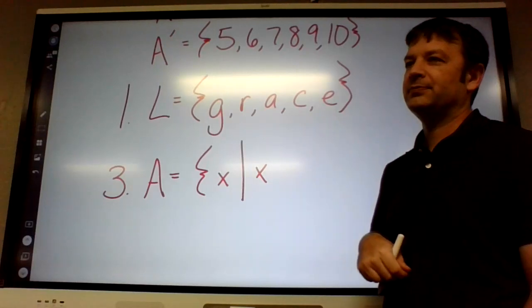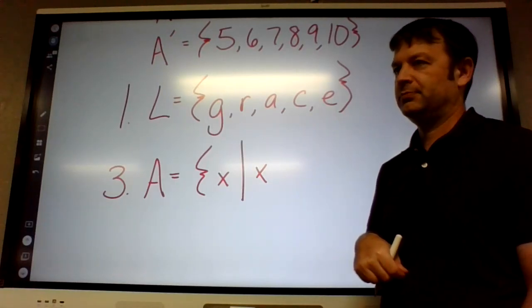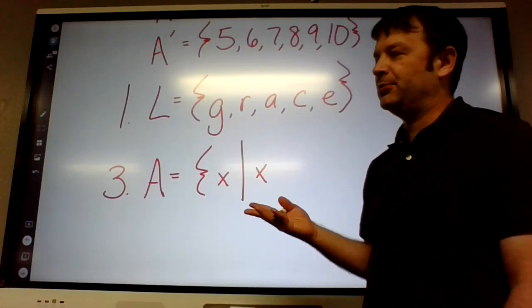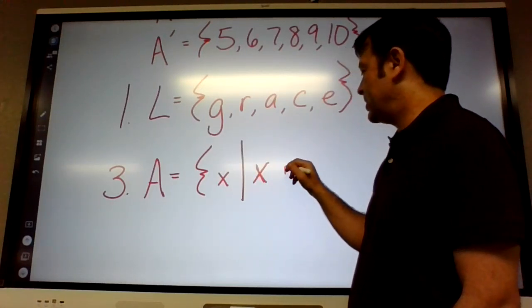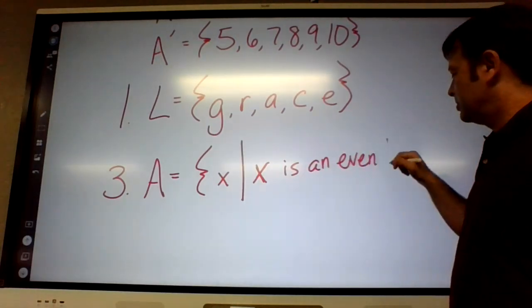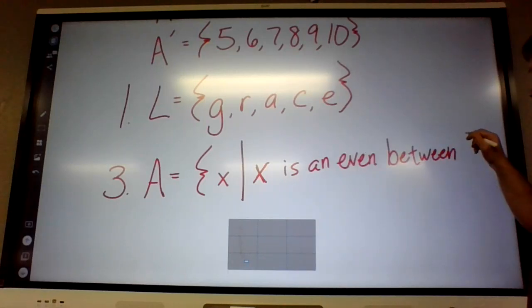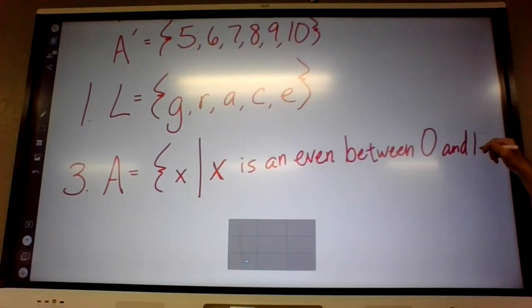X is an even number greater than 0 and less than 9. Yeah, even numbers between 0 and 9, or you could say 0 and 10 or whatever. That's fine. X is an even number between 0 and 10.